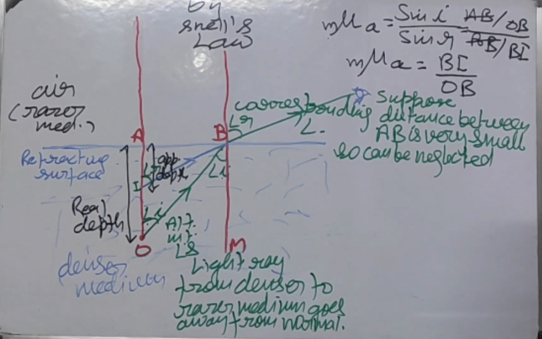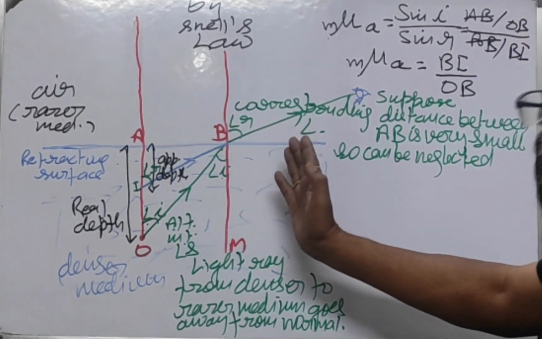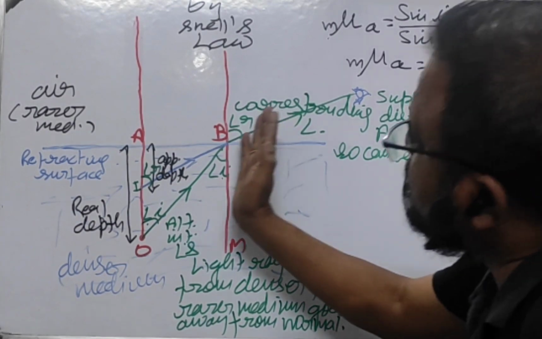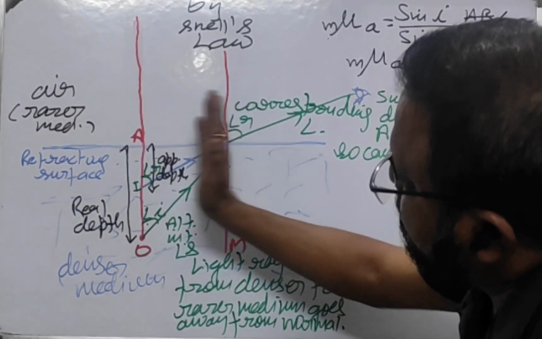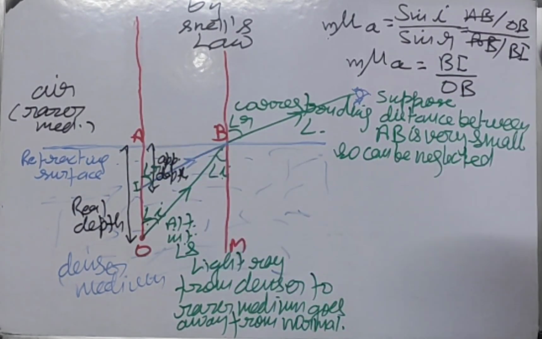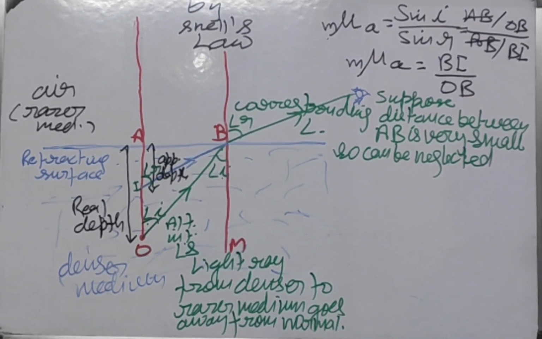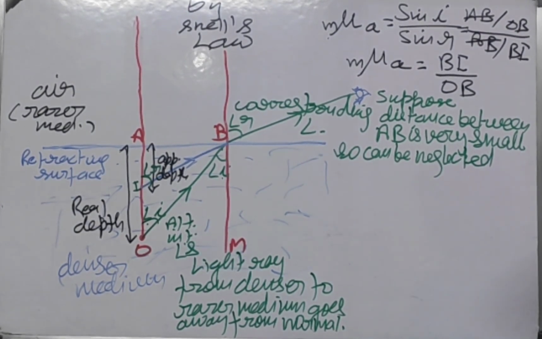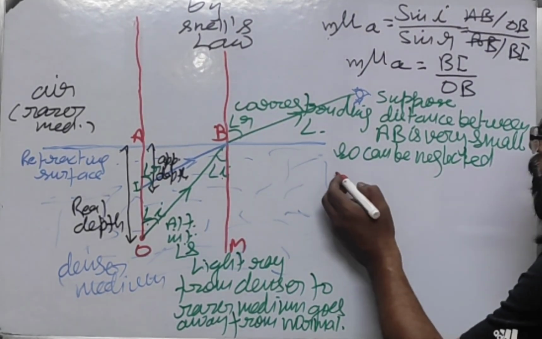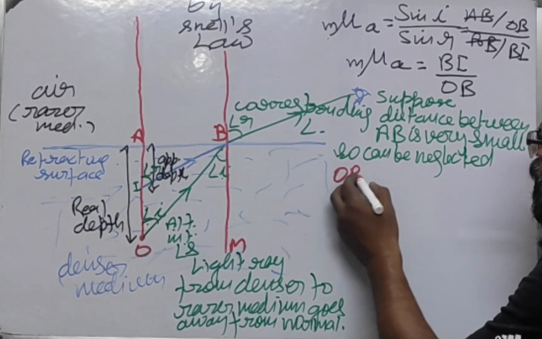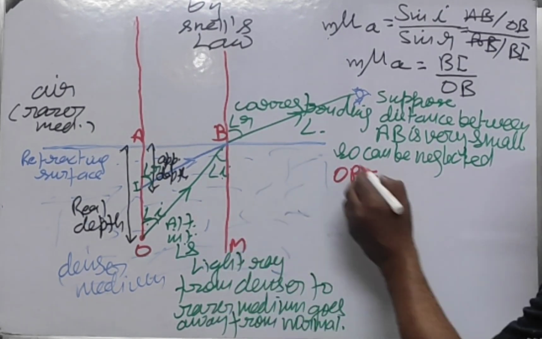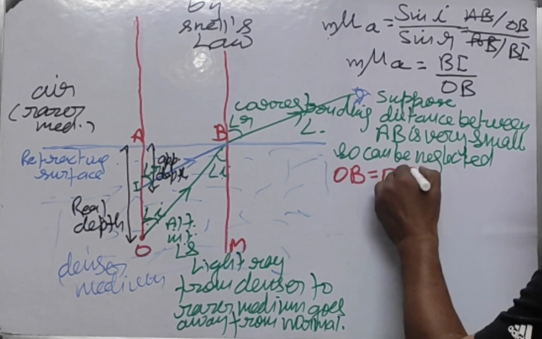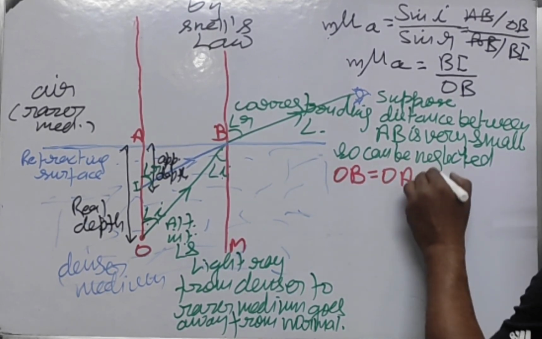So in that case, OB will coincide with OA. OB is equal to OA, which is equal to real depth. Getting?